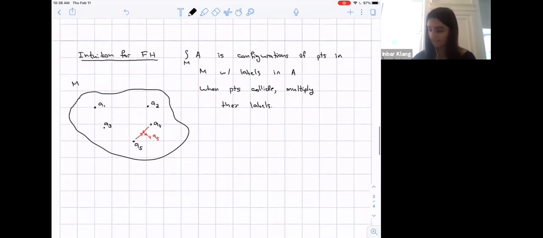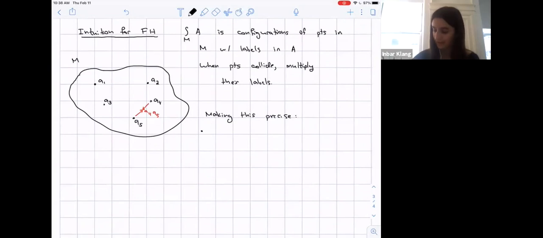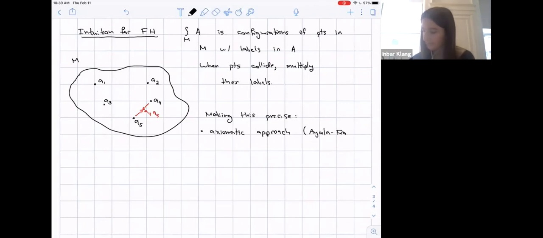So I guess if you want to make this precise, there's the axiomatic approach, the kind of approach that I mentioned above by Ayala and Francis.